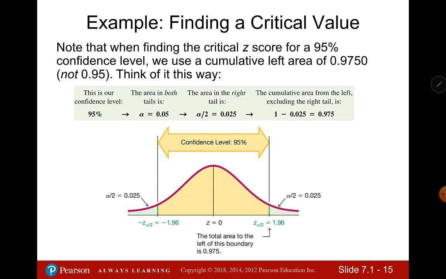This curve also helps you check the critical value. Again, z sub half alpha is just the area of the right tail.